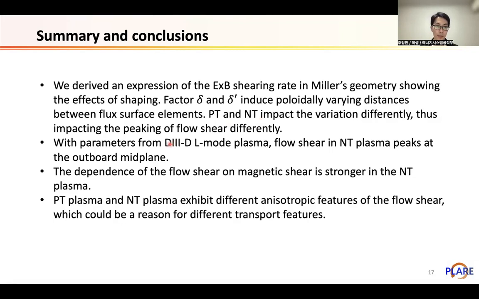With parameters from D3D L-mode plasma, we found that flow shear in NT plasma peaks at the outboard midplane. Furthermore, the dependence of flow shear on magnetic shear is stronger in NT plasma. And finally, PT plasma and NT plasma exhibit different anisotropic features of flow shear. That could be a reason for different transport features in those plasmas.